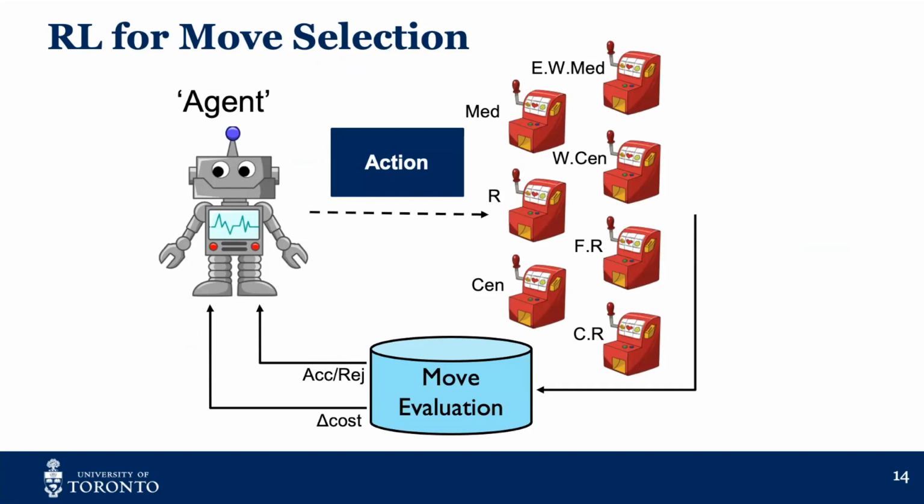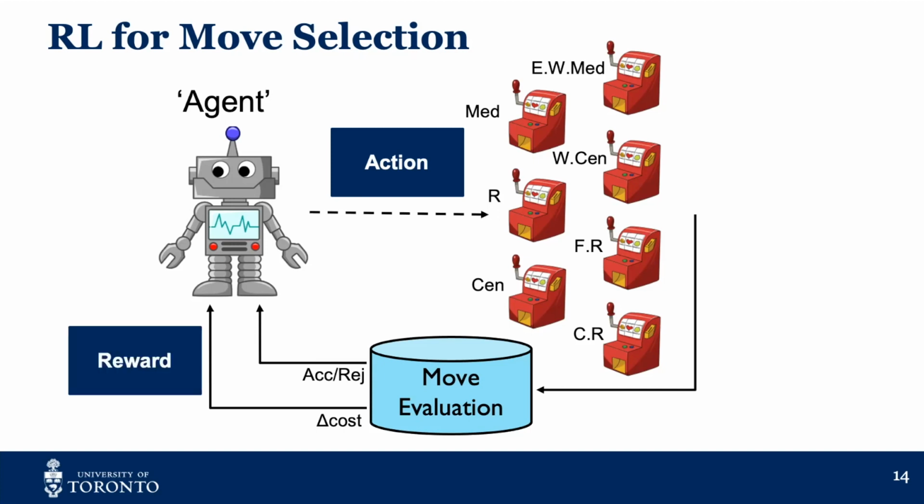The agent should use this information to update its knowledge and take the next action. So the agent is only learning online from the current placement, with no pre-knowledge from offline training. And it's adapting online to what's happening throughout the anneal and based on the current optimization progress.